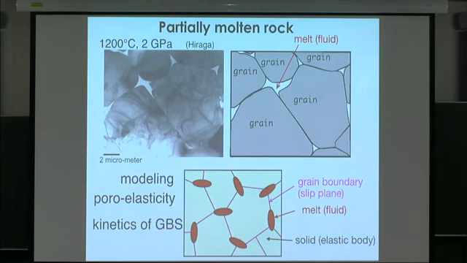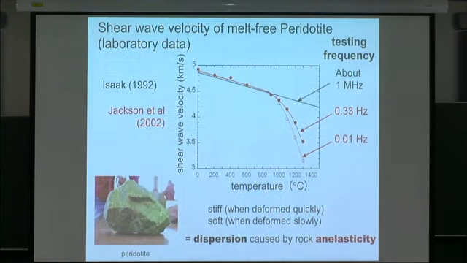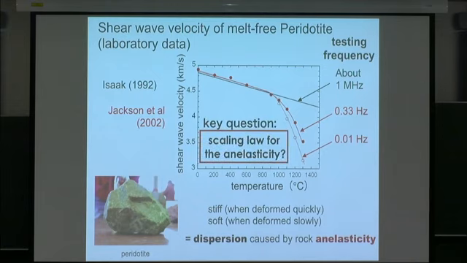So, in order to use Jackson's data correctly, we have to know the scaling law for the anelasticity. And this is a key question of this problem. In this talk, I will give an answer obtained from our experimental studies and apply it to the mantle.